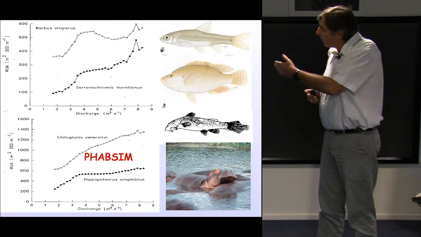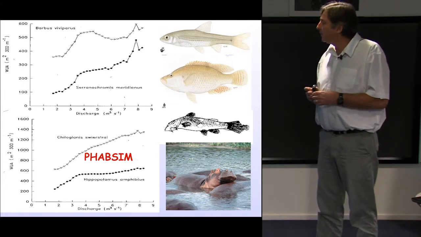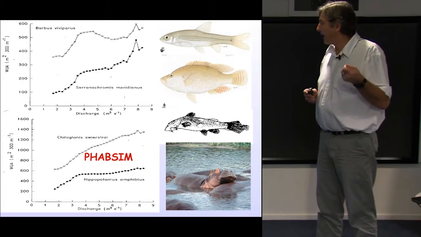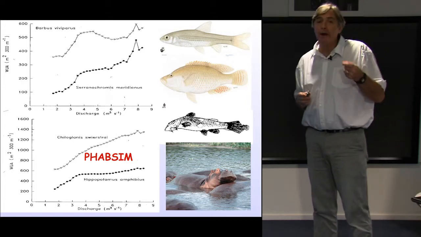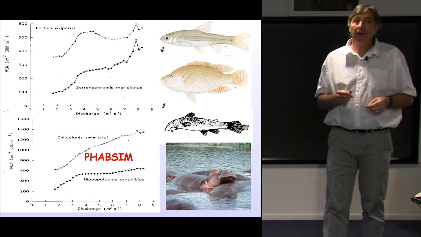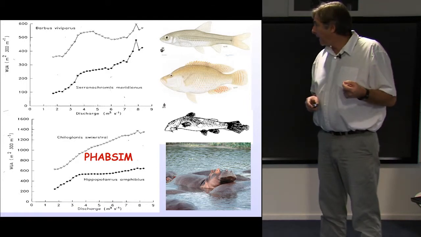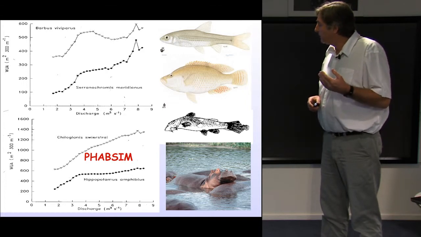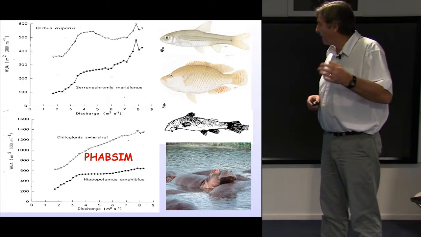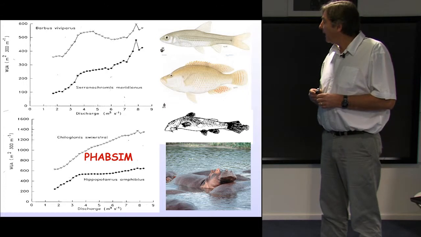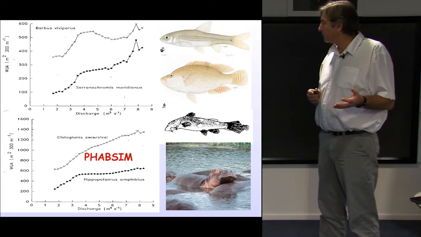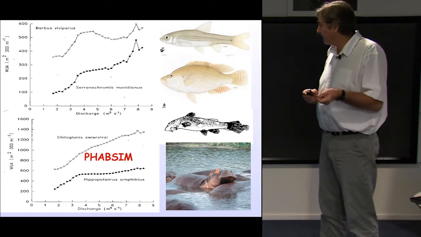And on the y-axis you can see something called WUA, which is the wetted usable area or preferred habitat in terms of square meters per 300 meters of this part of the river. And what you can see with all the species is that as the base flows are reduced from 9 cubic meters per second, the habitat reduces, not equally for all the species, but for all those species it does reduce.